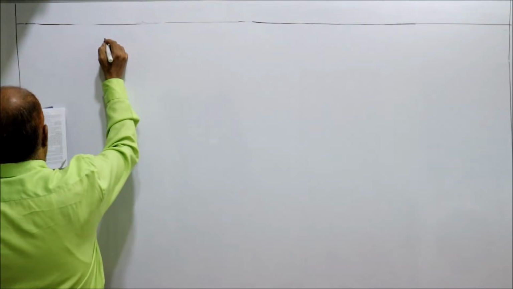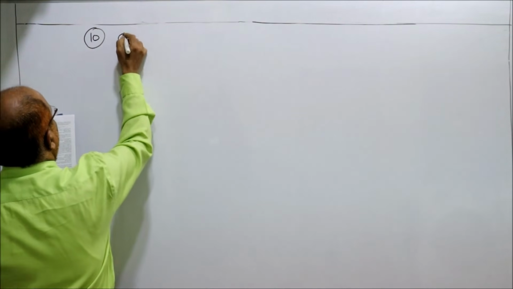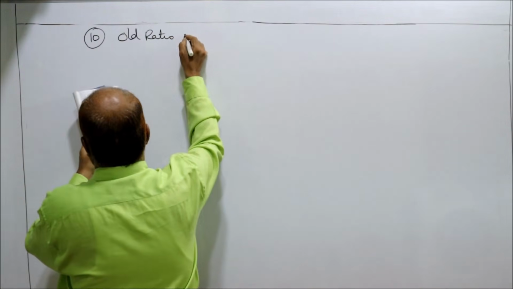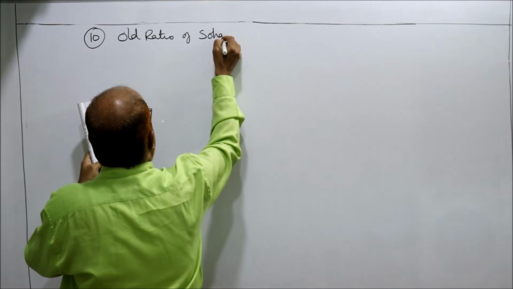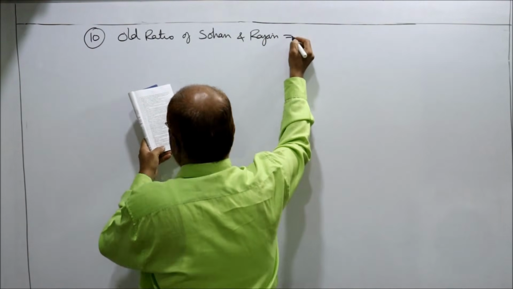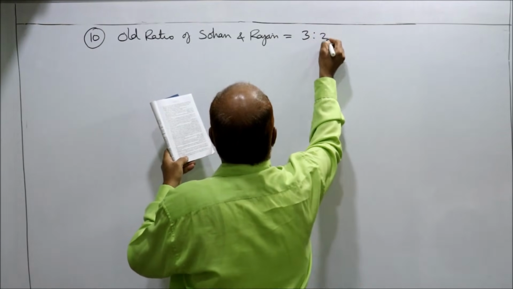So, this is problem number 10. Old ratio of Sohan and Rajan is equal to 3:2.